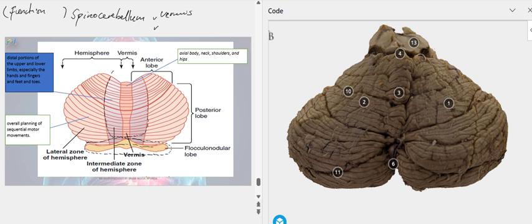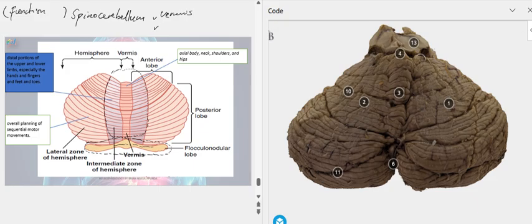So this area can be classified as the spinocerebellum. As the word suggests, it is very important in receiving and also modulating signals from the spinal cord, so that it controls majorly the movement of the limbs. And if it's controlling the movement of the limbs, it is highly likely that it will receive some proprioception signals.